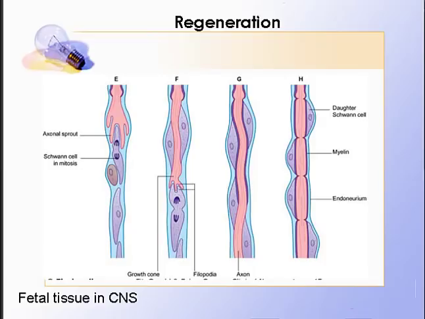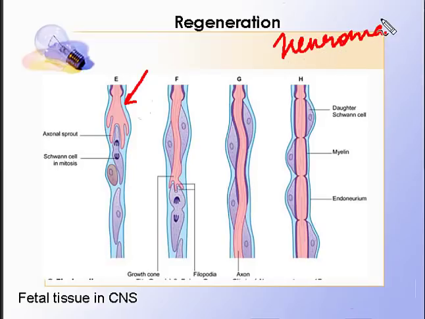In the peripheral nervous system, if you look here, this is the proximal stump, and regeneration is possible only if the proximal stump is able to make contact with Schwann cells. If it doesn't make contact, then they just grow erratically and form what is known as a neuroma.